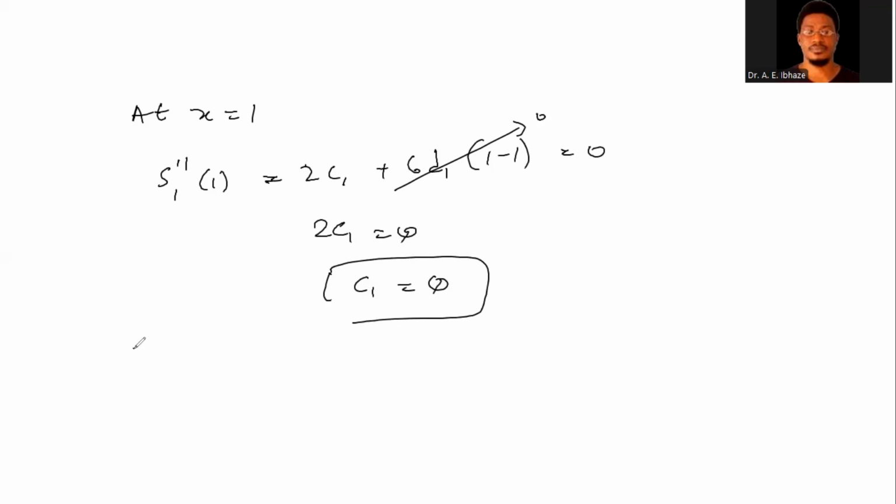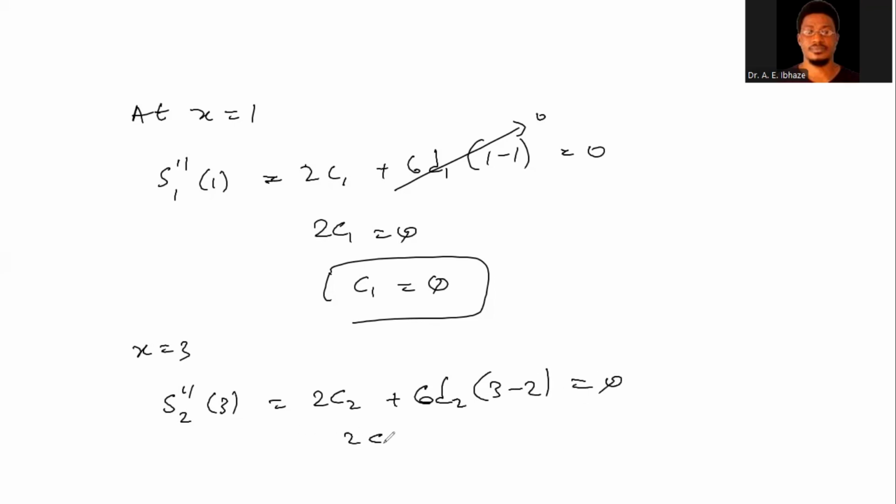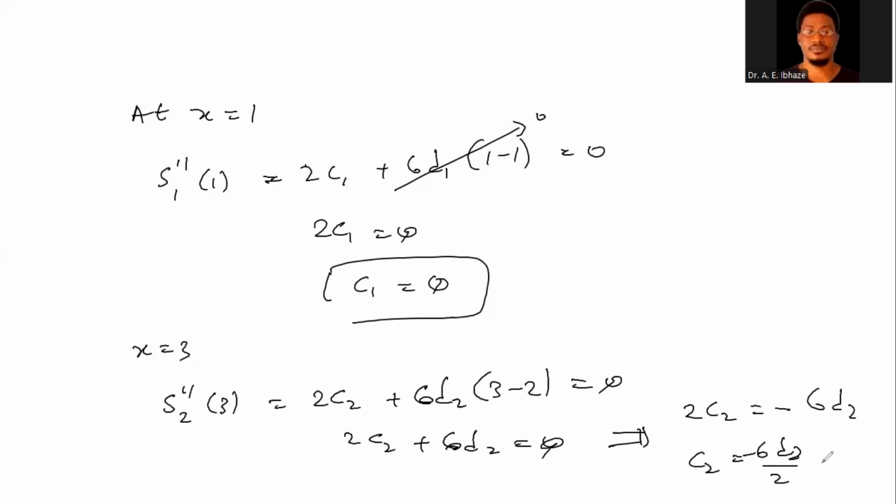And also, at x equal to 3, we have the second derivative of S2 of 3 would be 2C2 plus 6D2 into 3 minus 2, which is the same as 0. So that 2C2 plus 6D2 is the same as 0. And in this case, this implies 2C2 being the same as negative 6D2. So that C2 will be the same as negative 6D2 over 2, which is the same as negative 3D2. So C2 is the same as negative 3D2.